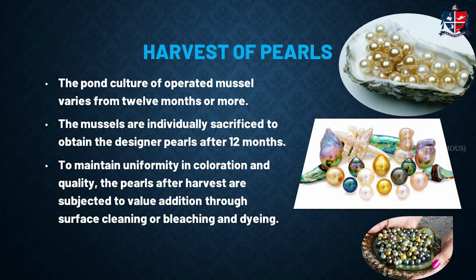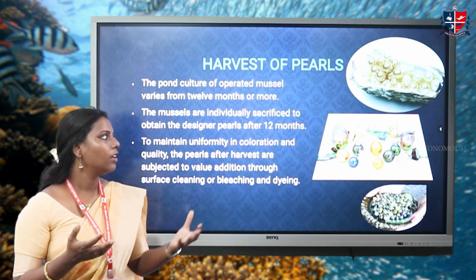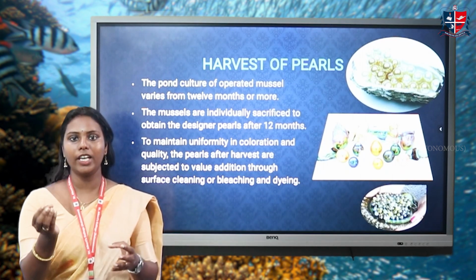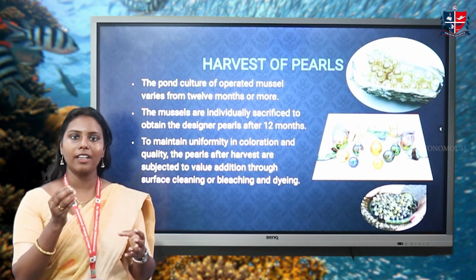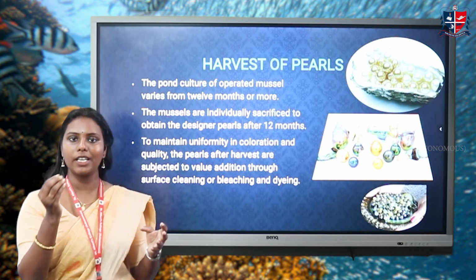So the last step is the harvest of pearls. This is the last step where we get the result of what we have done, that is, the result of the surgery we have done. For that surgery we have incorporated some external substance or object, and over that, nacre, the secretion from the mantle tissue, was secreted.